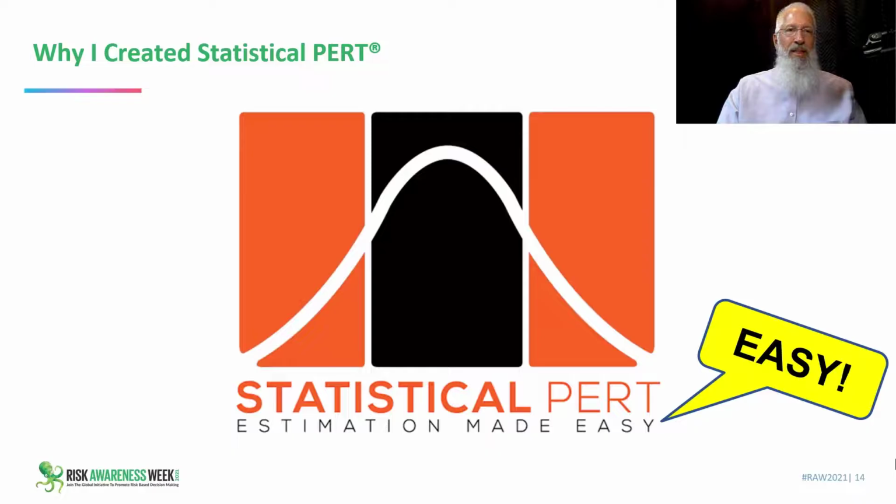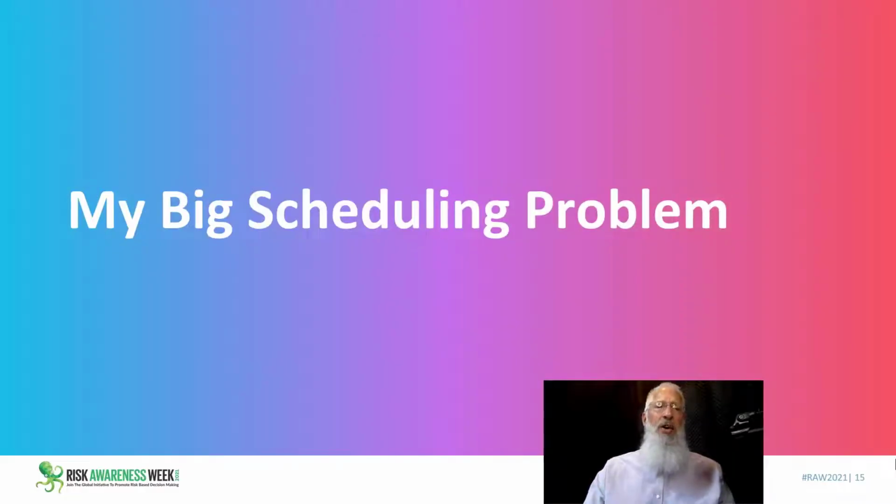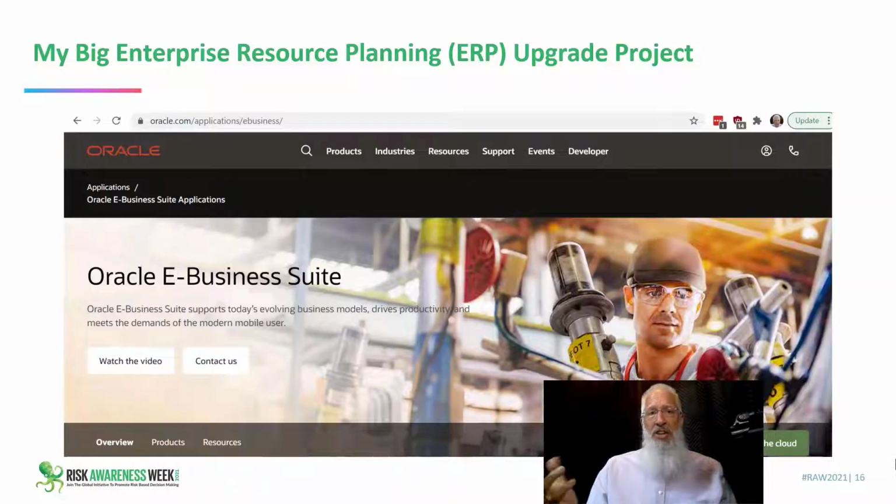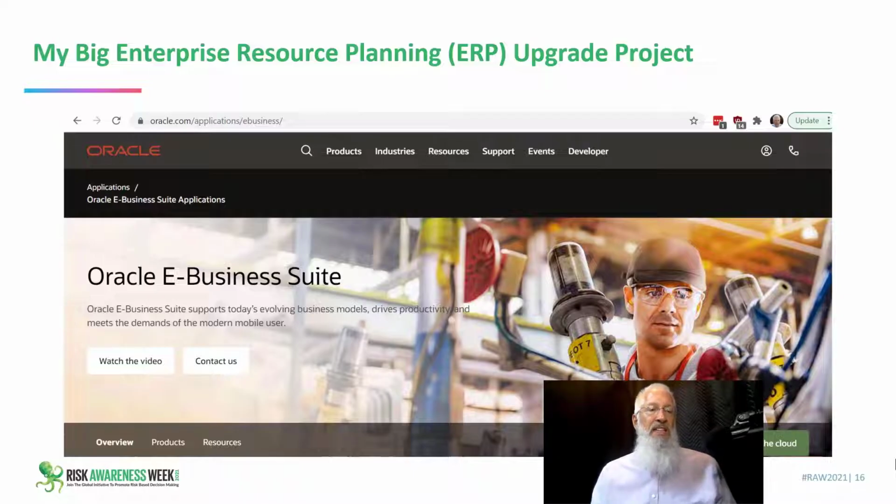Now let me tell you about my big scheduling problem, which is the basis for our demo. Last year, my employer launched a big project to upgrade our ERP system, Enterprise Resource Planning. The ERP system we use is Oracle eBusiness Suite.